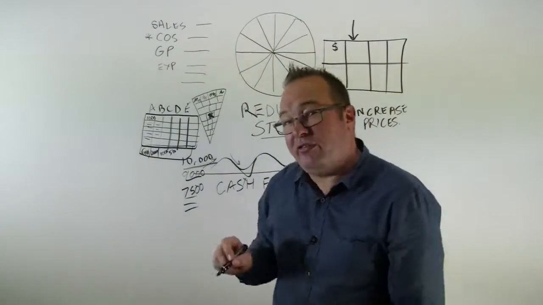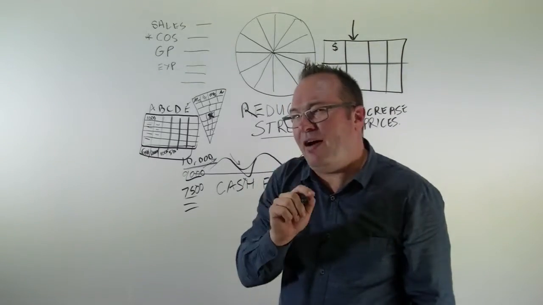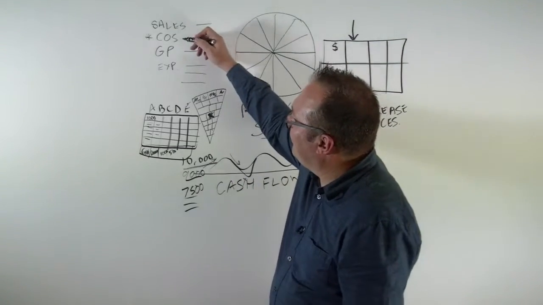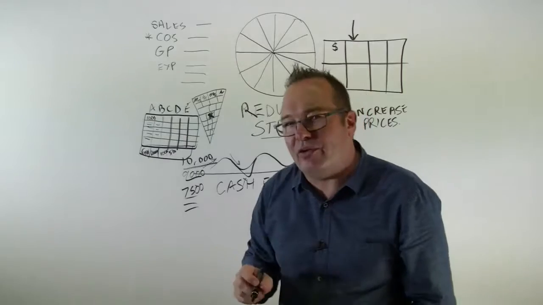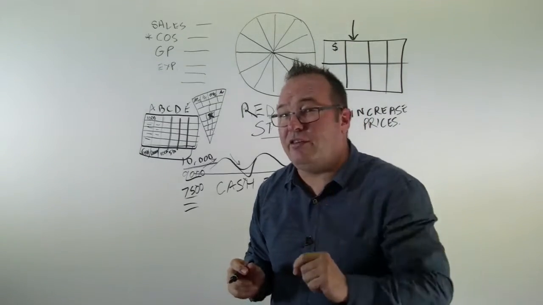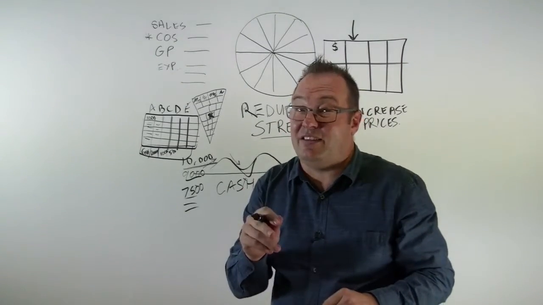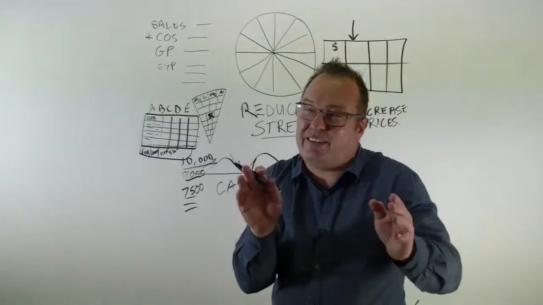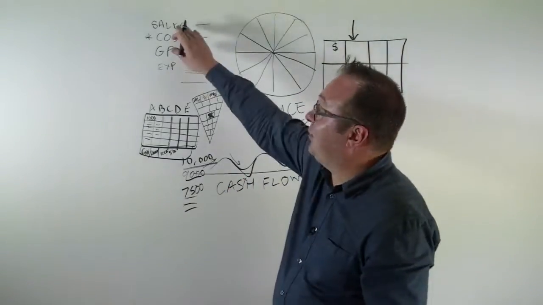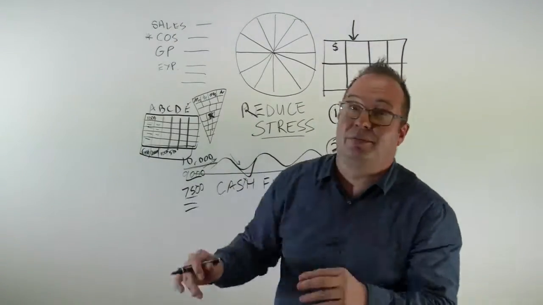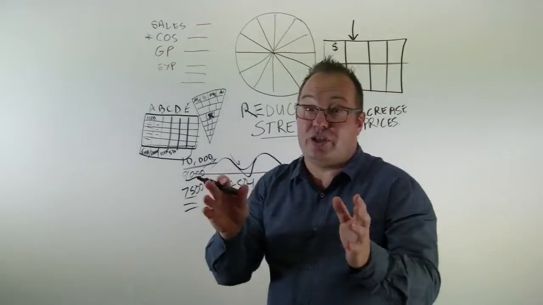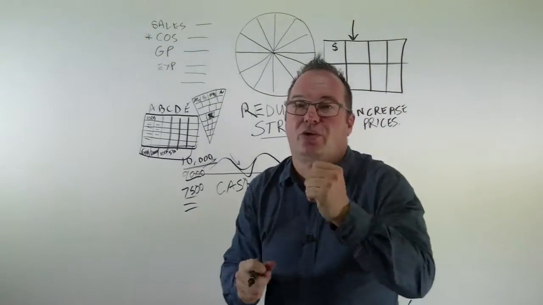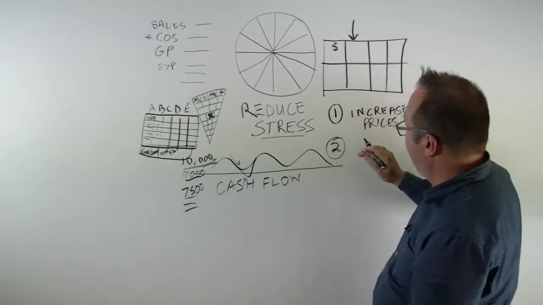When you work on the cost of sales lever, it's quite powerful because when you save on the cost of sales, for every dollar you save, that's 100 cents in your pocket. You haven't had to split that with anyone. When you increase sales, you split it. When you reduce cost of sales, it's 100% yours. So that's a real big tip.